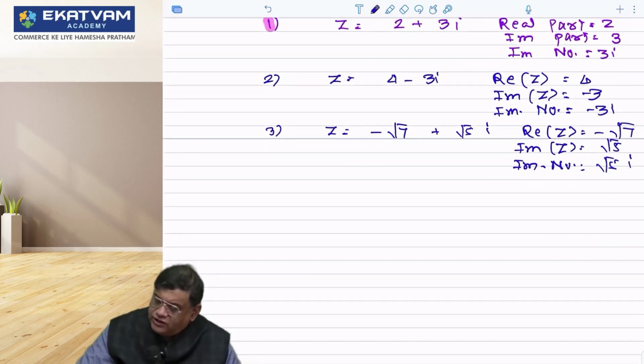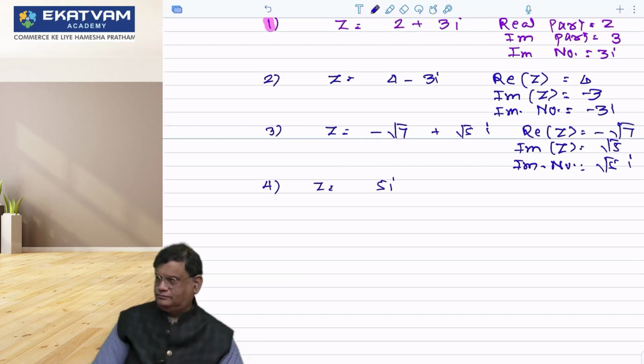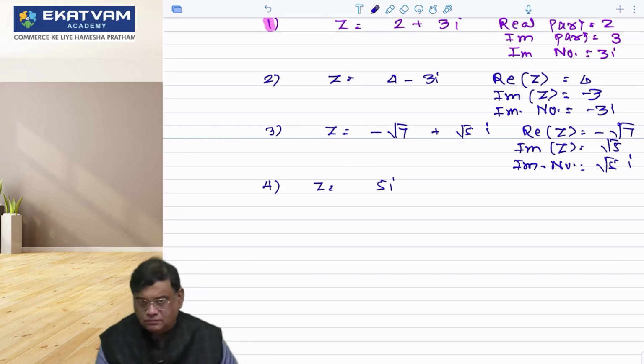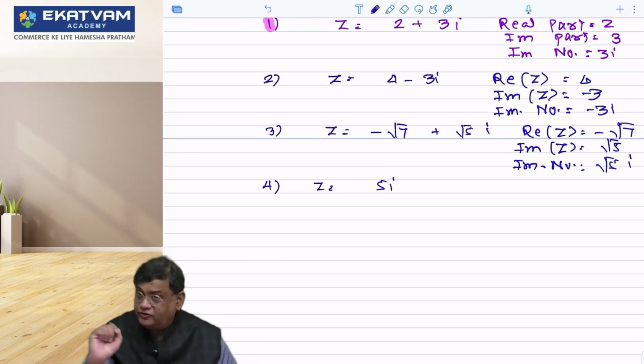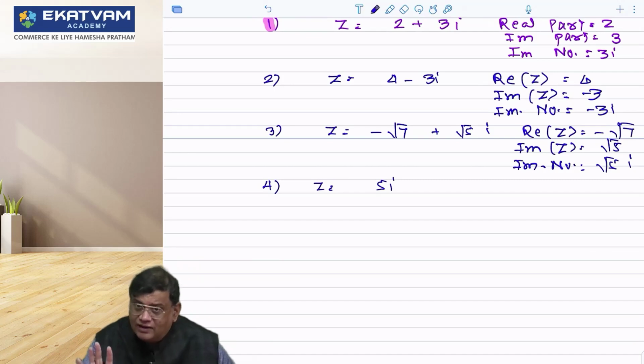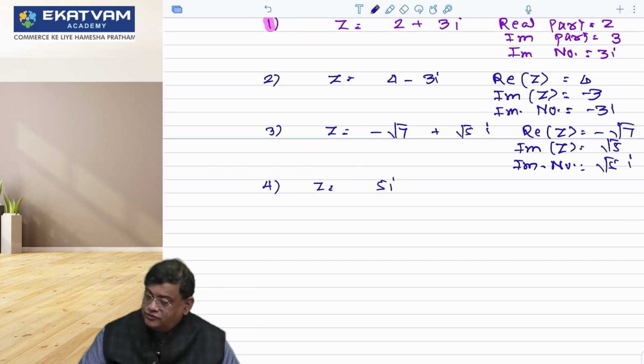Now my question is, Z is equal to 5i. Is that a complex number? Is that an imaginary number? Yes, that is imaginary. Is that a complex number? Just try to understand.